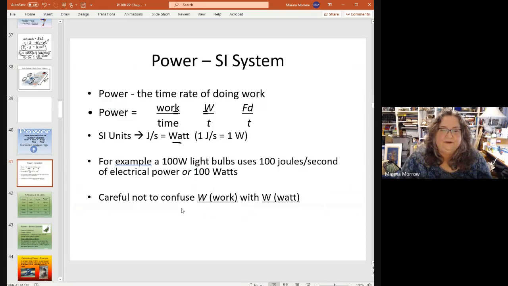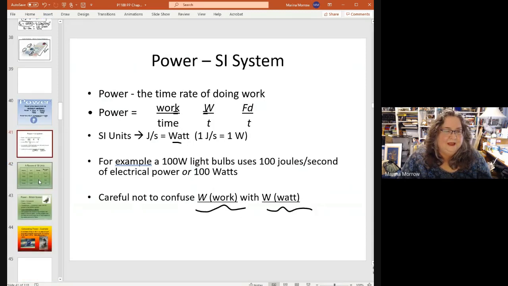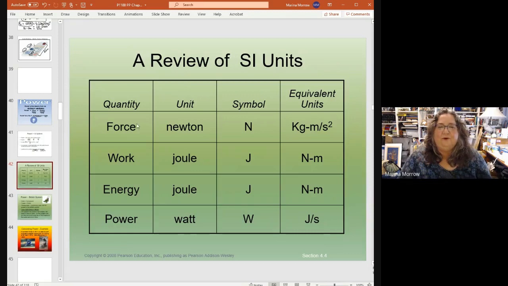So be careful, don't confuse work and watts with weight. Okay, so force has the unit, the Newton. Work is the joule. Energy is a joule. But power is a watt. It's a joule per second.